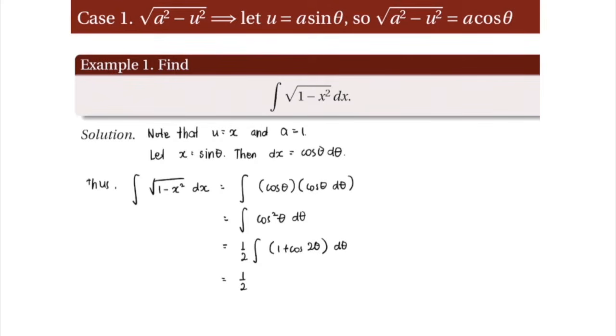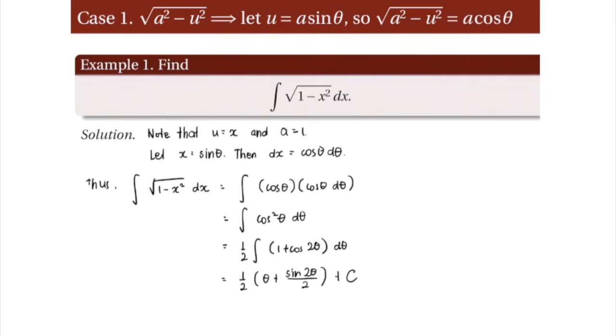Integral ng 1 with respect to theta is theta, plus for the antiderivative of cosine 2 theta with respect to theta, again, shortcut na natin kasi meron tayo dito linear substitution. We have here sine 2 theta all over 2, and then plus the constant c.